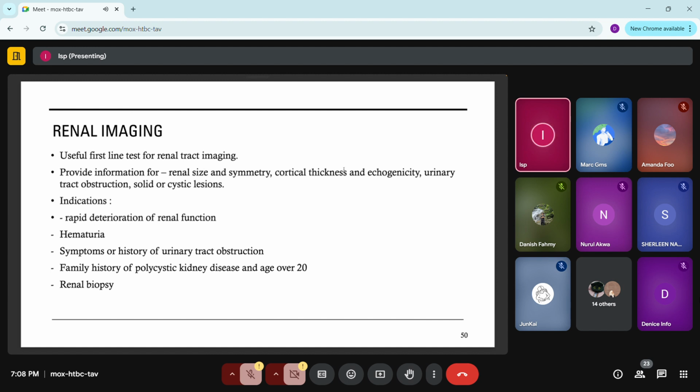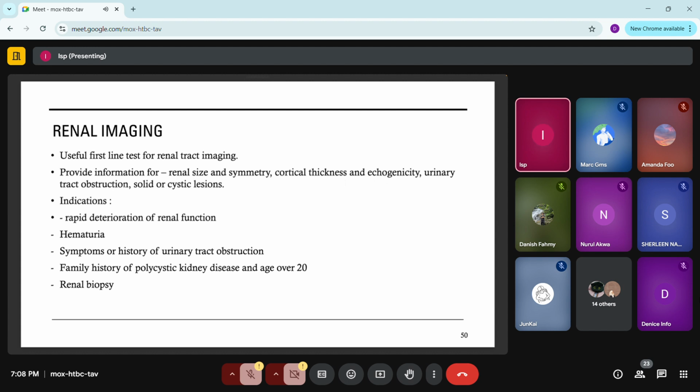And they will have loss of cortical differentiation. So the cortical thickness in kidney disease will decrease, and the echogenicity will increase due to chronic kidney disease. In imaging, we're also interested in stones and any evidence of urinary tract obstructions.